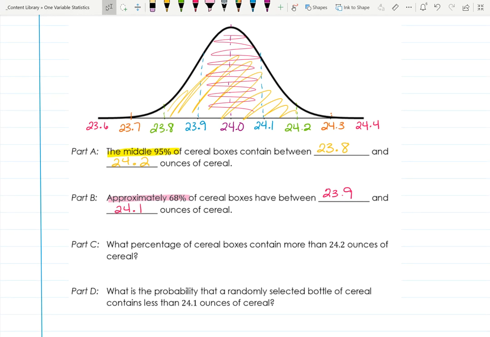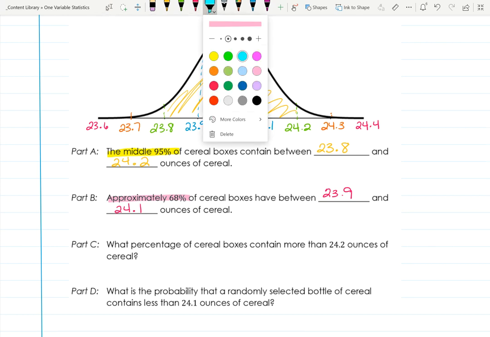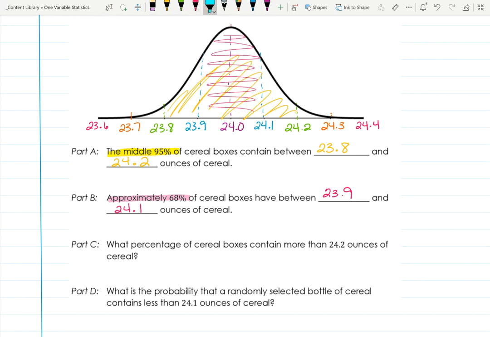All right, so what percentage of cereal boxes contain more than 24.2 ounces of cereal? More than 24.2, so everything on this side. Now we need to think about our percentages in a specific section. I've got 34, 13.5, and then I've got 2.35 and 0.15.